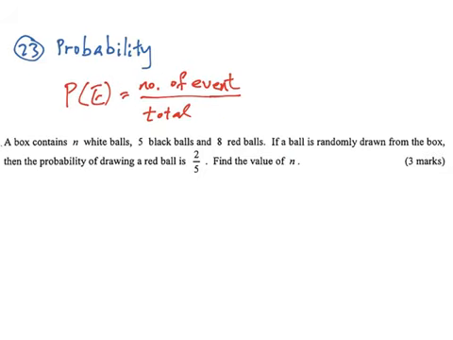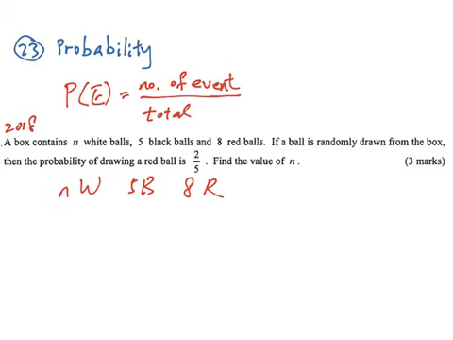Next is about probability. The probability is equal to the number of events over the total number. Let's see an example. There is a 2018 question. A box contains n white balls, 5 black balls, and 8 red balls.